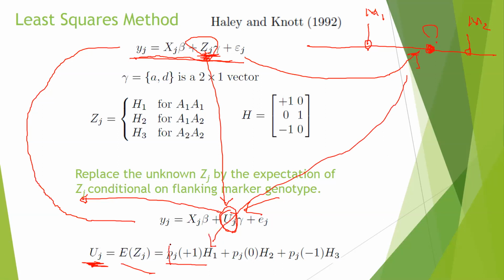This is the probability for the first genotype, this is the probability for the second genotype, and this is the probability for the third genotype, right? So we use this weighted summation to represent the expected value for the unknown genotype variable z for this locus. Any questions so far?